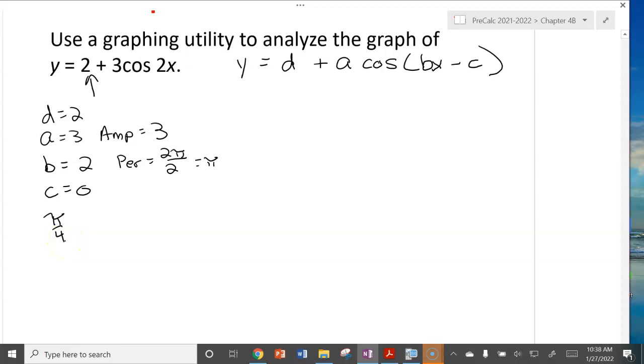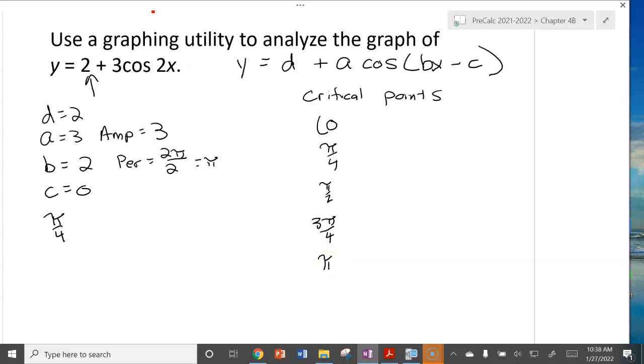So that means that our critical points, we are going to start with 0 because I don't have a phase shift, and then add pi over 4. So I get pi over 4, pi over 2, 3 pi over 4, and pi. So there's our critical points.